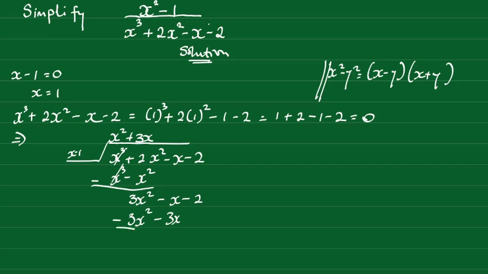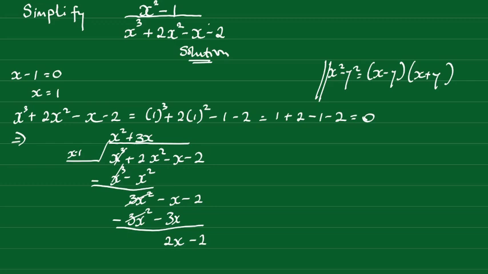Subtract: 3x squared minus 3x squared cancels out. Now minus times minus gives us plus 3x. So we have minus x plus 3x. This gives us 2x. Bring down minus 2.